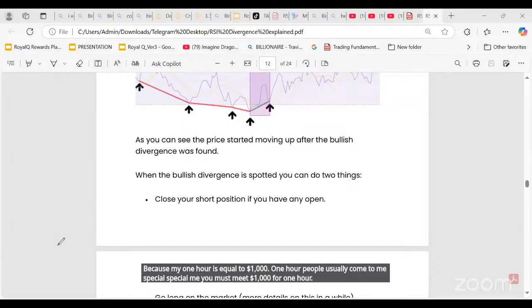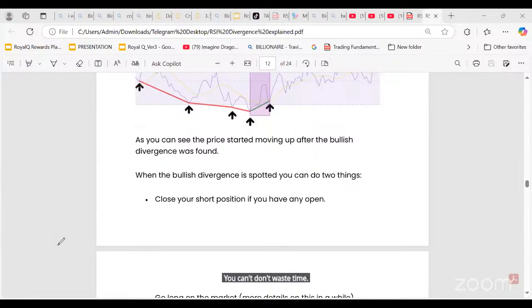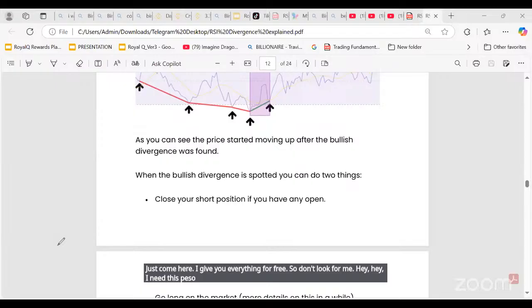If you can't, don't waste time. So don't come. Just stay. Even if you have $500 capital, just come here. I give you everything for free. So don't look for me.